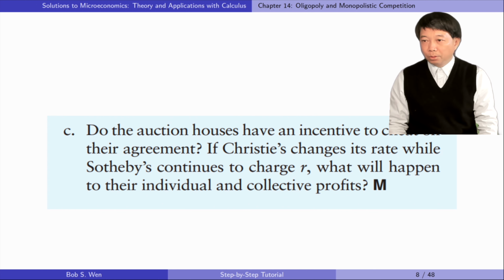In part C, do the auction houses have an incentive to cheat on their agreement? If Christie's changes its rate while Sotheby's continue to charge R, what will happen to their individual and collective profits?